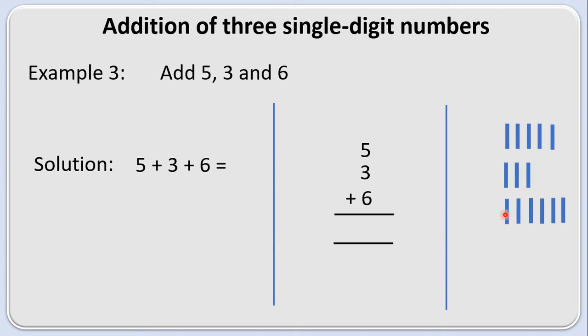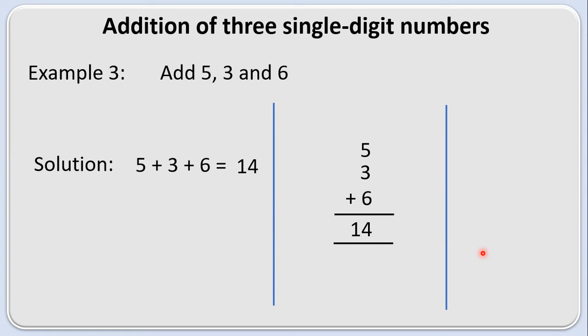Now let us count all these lines together, which will give sum of given 3 numbers. 1, 2, 3, 4, 5, 6, 7, 8, 9, 10, 11, 12, 13, 14. 14 is the required answer or sum of given numbers. Let us write down those here. And now let us move to the next example.